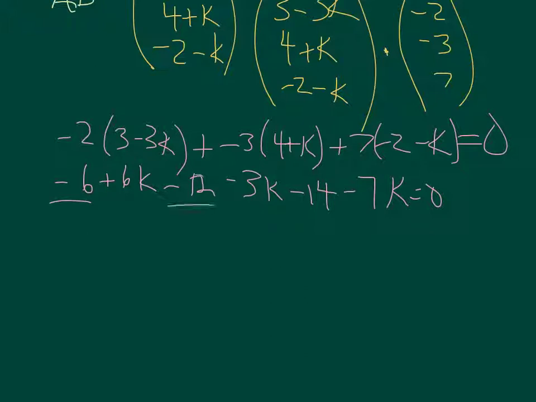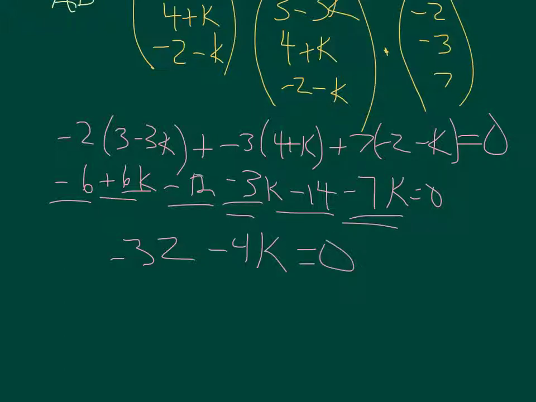So we have negative 6 minus 12 minus 14. That's going to be negative 32, I believe. And then we have 6k minus 3k minus 7k. That's going to be, oh, what do we have here? Minus 4k equals 0.